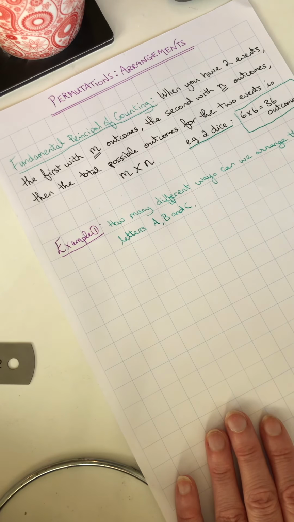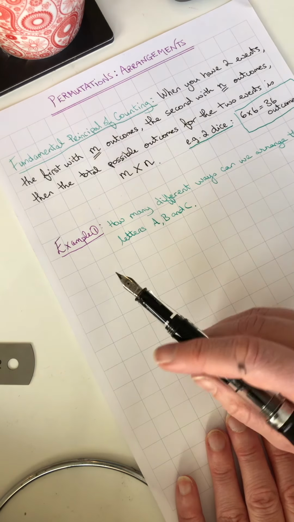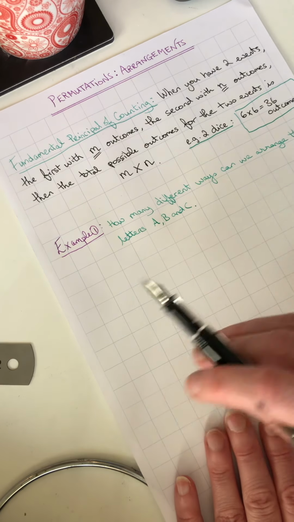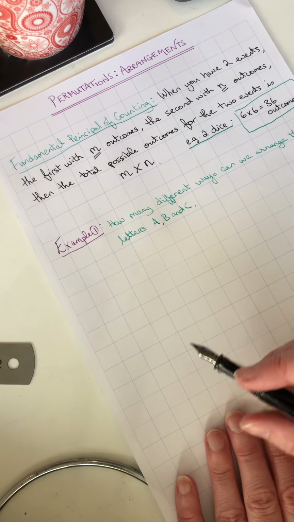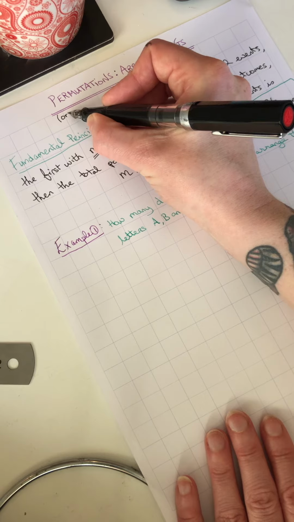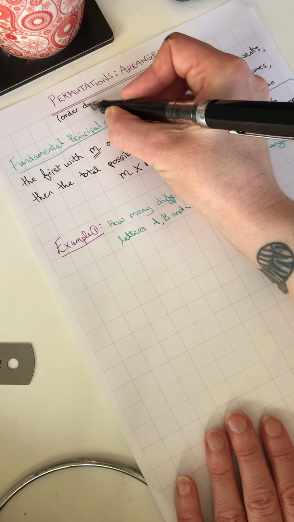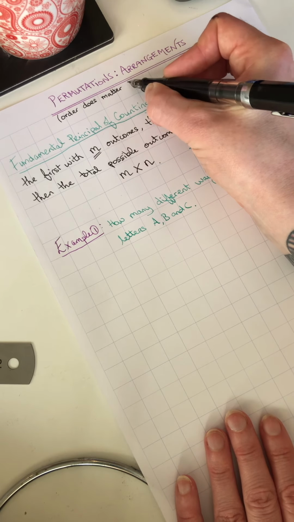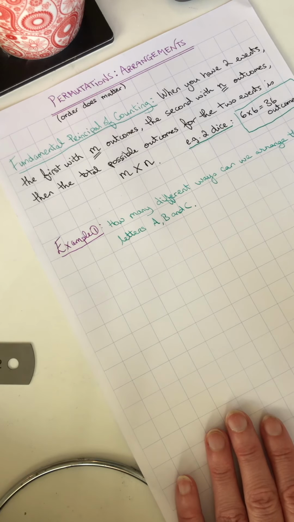This might remind you a little bit of when we did sets and subsets. Now, the thing about subsets was that the order didn't matter. But with permutations, it's really important. The order does matter. That's what it's all about. It's about arranging things, the same number of things, but in different ways.